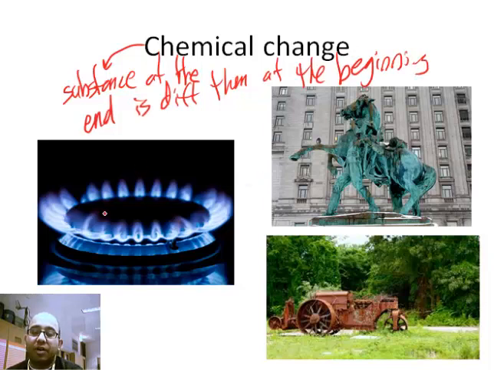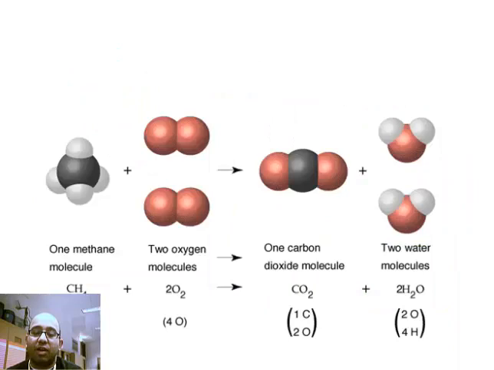When you're using your stove at home, methane is coming out of the stove, and you are lighting it with a pilot light, and the oxygen in the air is combining with the methane that's coming out of this burner. And this is what that molecule looks like. A methane molecule is CH4, 4 hydrogens and 1 carbon. And you have oxygen combining with it, and it makes carbon dioxide, CO2, and then water molecules, H2O.